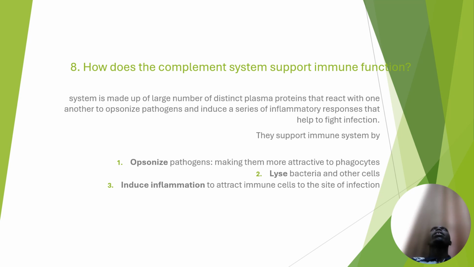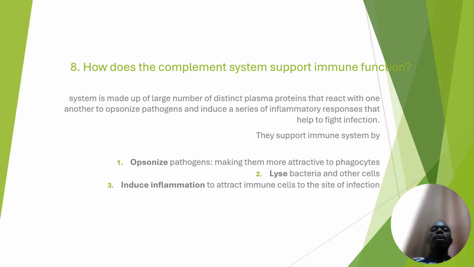They make holes in the pathogen, and the proteins get inside the pathogen, which makes the pathogen burst. After bursting, the pathogen is dead or killed, and they also induce a series of inflammatory responses which help fight infection.